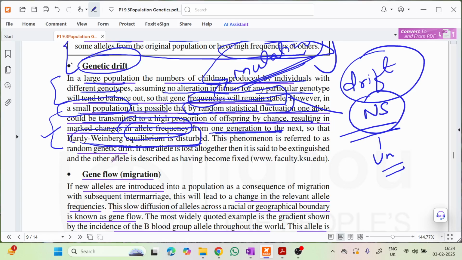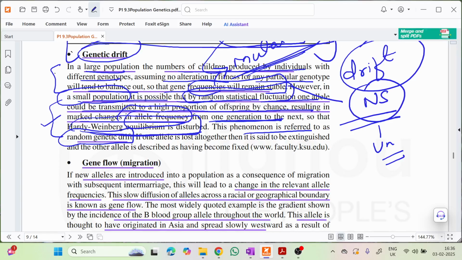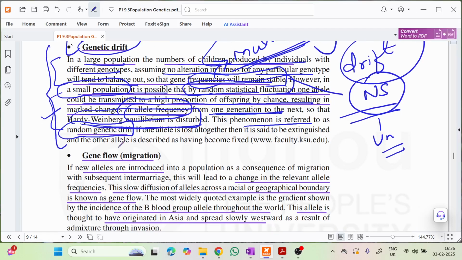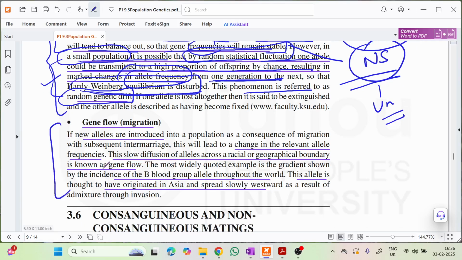This phenomenon is referred to as random genetic drift. I'll make another video on all 5 factors of diversity.